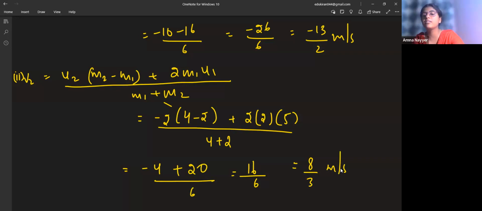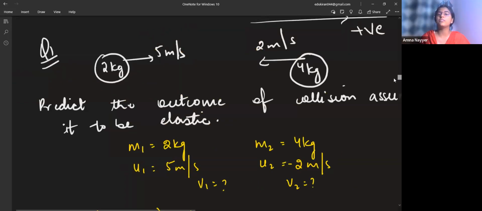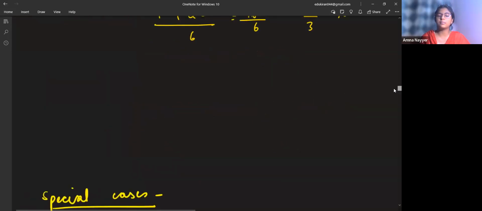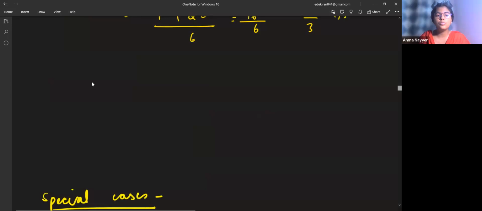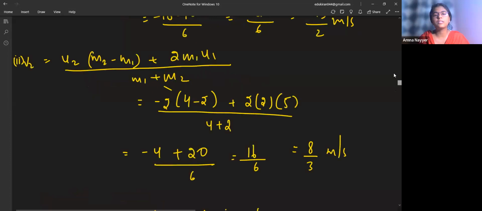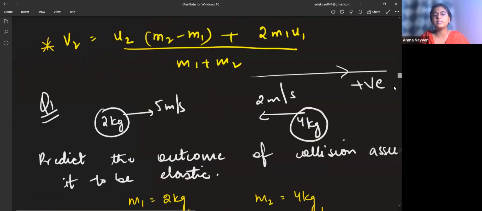So now we have the values of V1 and V2 with us. When it says predict the outcome of the cases, this means you have to find out the final velocity. So what conclusion will you write? You have to mention something. You will write: final velocity of, what was the mass for the first body? 2 kg.